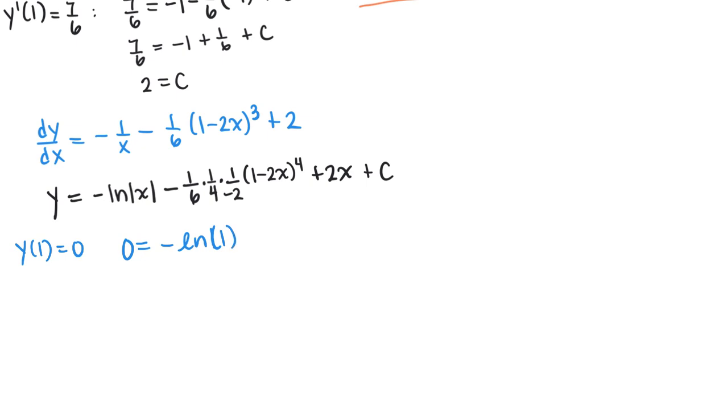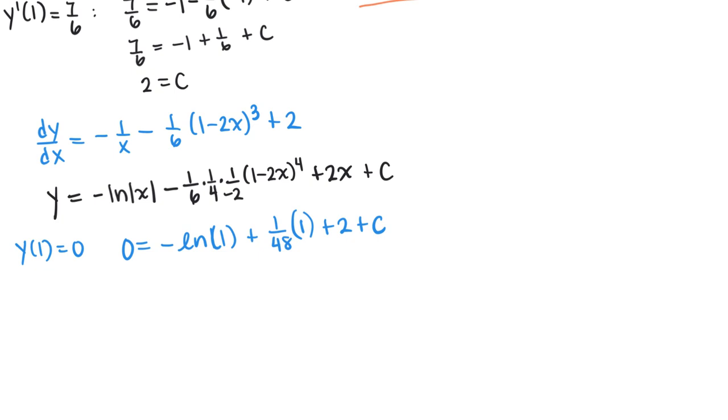Negative 1/6 times 1/4 times negative 1/2 is positive 1 over 48. 1 minus 2 is negative 1. Negative 1 to the 4th is just 1. Plus 2 times 1 is 2. Plus c.